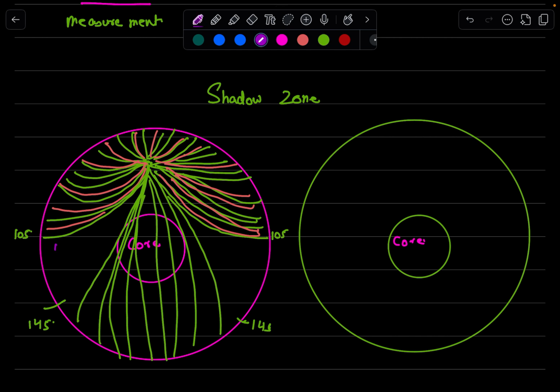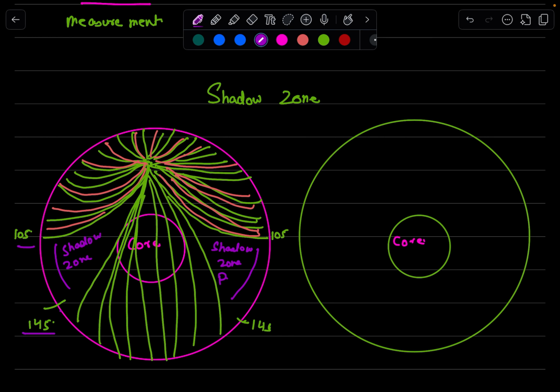So this zone where P waves do not occur is actually a shadow zone, and S waves are also not occurring here. This is the shadow zone for P waves, because P waves will occur after 145. So between 105 to 145, P waves are not occurring.